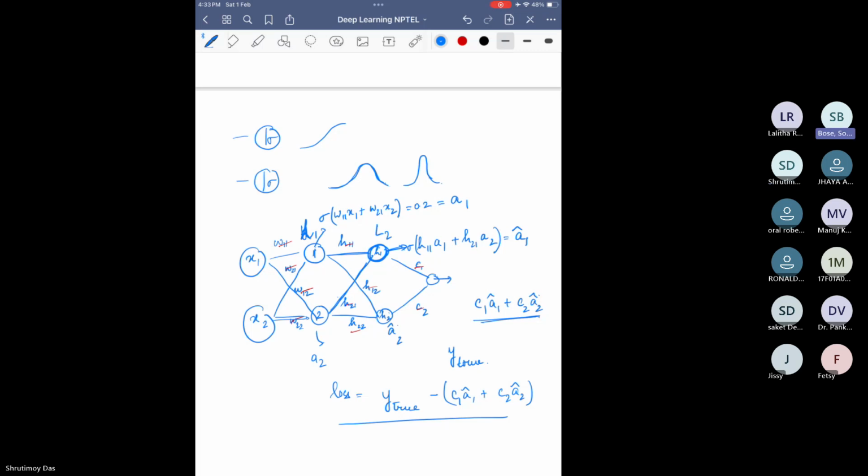Yes. Then we are going from L1 to L2, doing another logistic function calculation using the outputs of the previous one, L1. And here we are using H11, H12, H22 as weights. Yes. And then finally we are doing C1A1 plus C2A2 to get the output as Y pred. And then the loss function we're calculating as Y true minus Y pred. Correct.